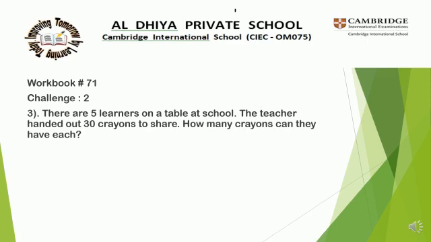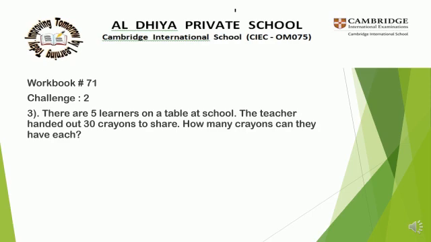Share means division. How many crayons can they have each? There are 5 learners on a table at school. The teacher handed out 30 crayons to share. How many crayons can they have each?